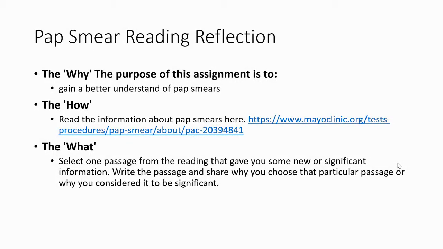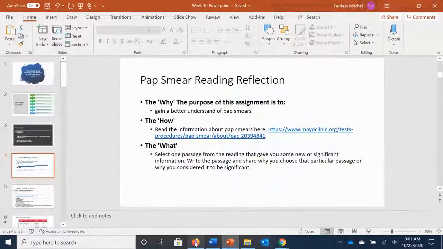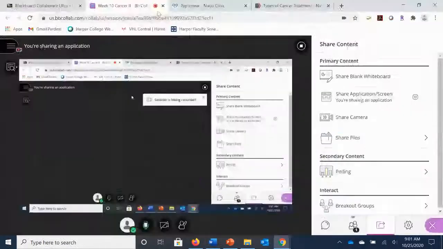The pap smear reading reflection is asking you to go through a website and select one passage from this reading that gave you some new insight or significant information. I then want you to write the passage in the blog and talk a little bit about why you chose that particular passage. So let me quickly show you the website you will be working with.